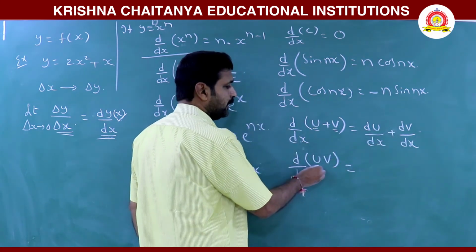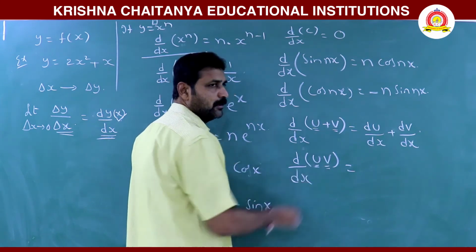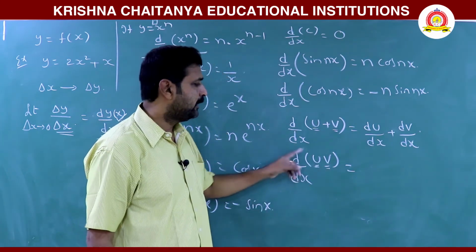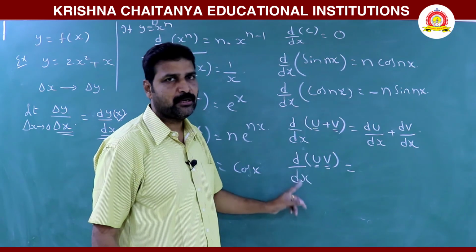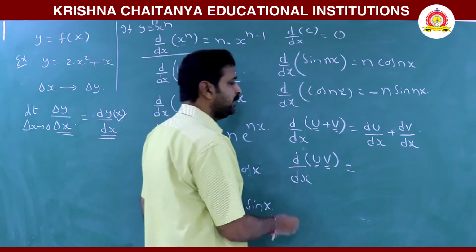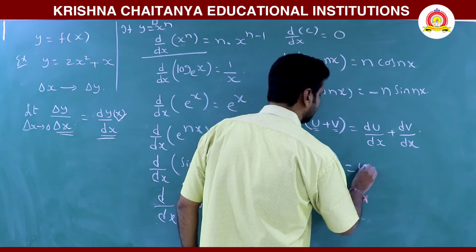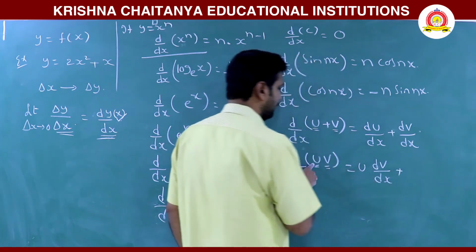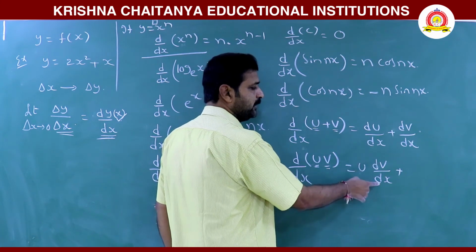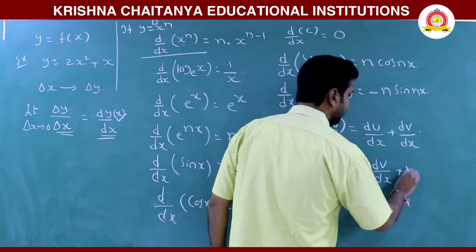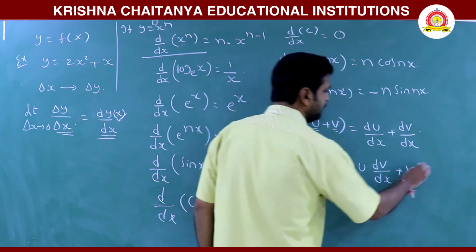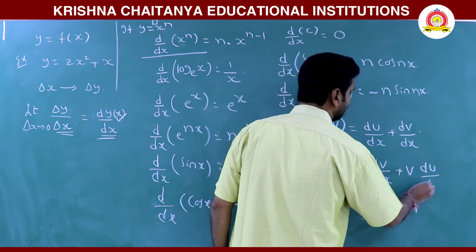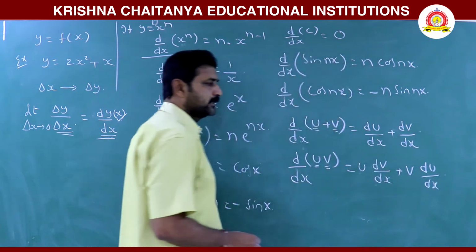Here also, if both are variables depending on x, both functions of x, then when you are differentiating the product, first take u as constant and differentiate v, giving u dv by dx, and now take v as constant and differentiate u, giving v du by dx.